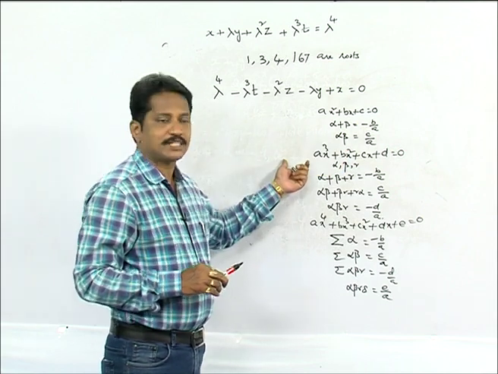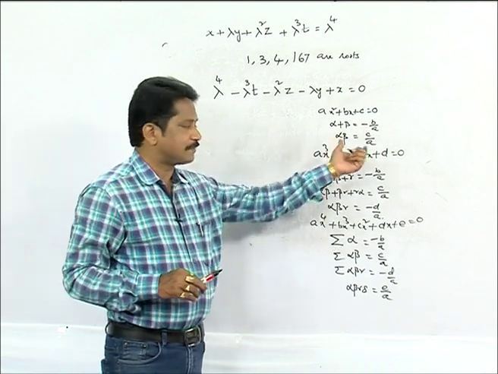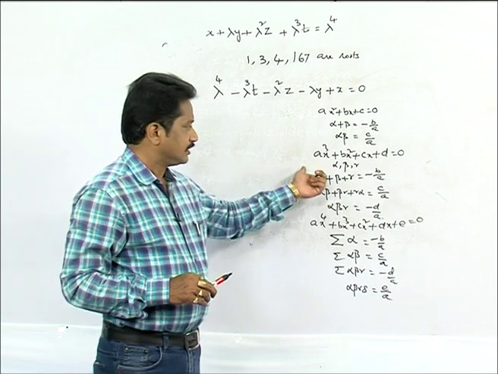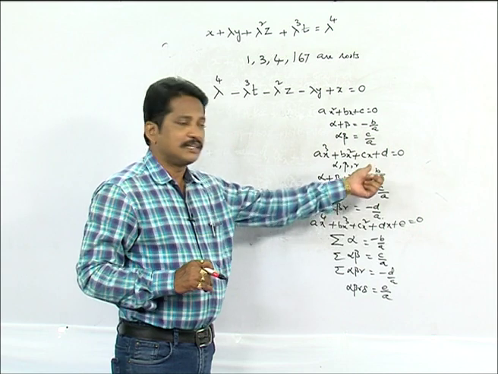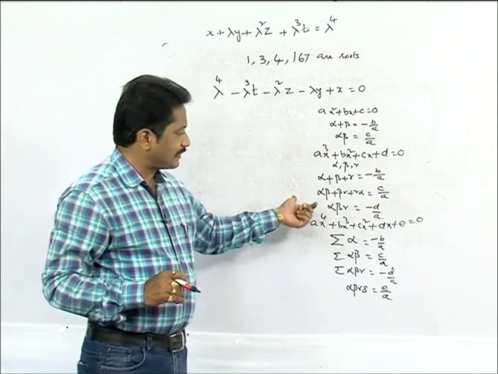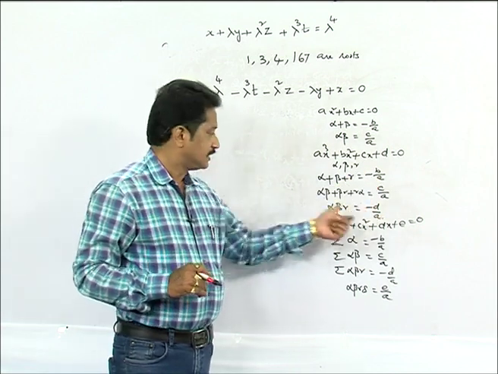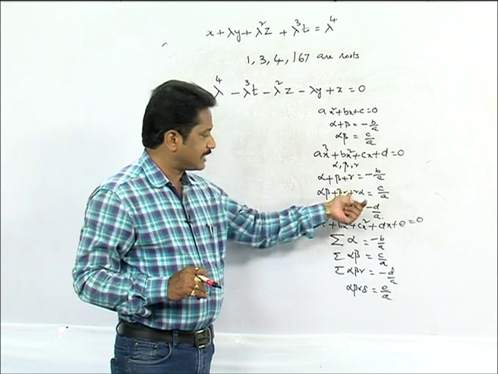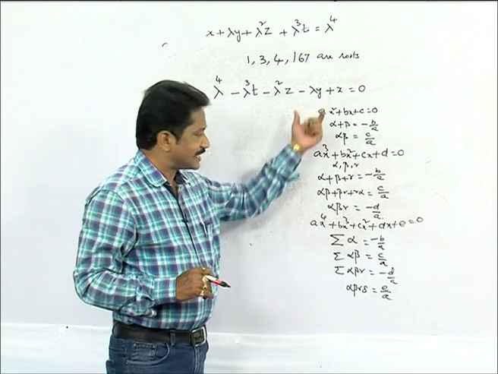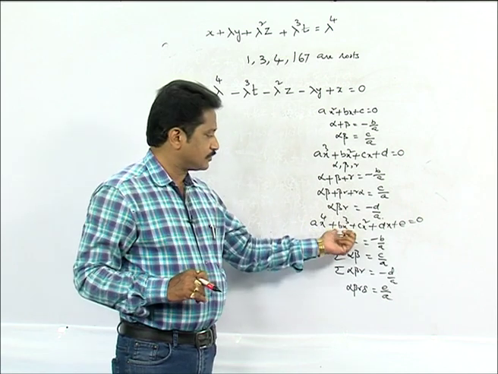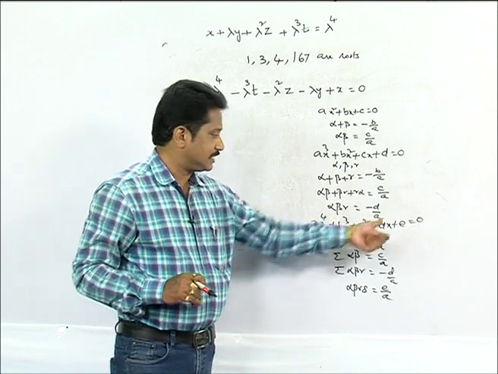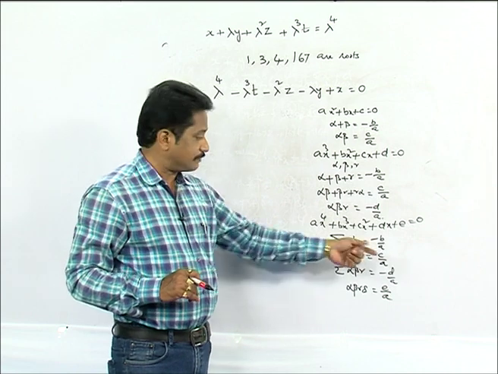Coming to the next one, ax cube plus bx square plus cx plus d equal to 0. If the roots are alpha, beta, gamma, then alpha plus beta plus gamma is minus b by a, alpha beta gamma is minus d by a, and alpha beta plus beta gamma plus gamma alpha is c by a. In the same pattern, for ax to the 4 plus bx cube plus cx square plus dx plus e, sigma alpha is minus b by a.